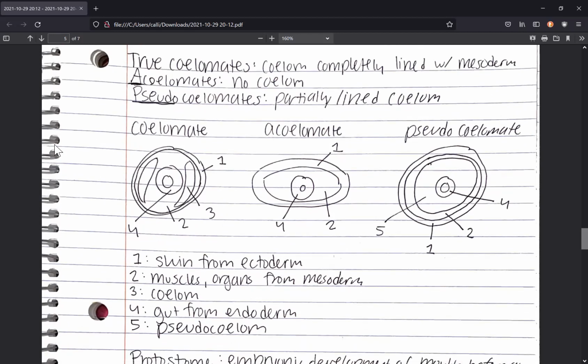And then we get to some simpler, but also still confusing pictures. So there are 3 kinds of scenarios we talk about when we are considering if an animal has a coelom or not. True coelomates on the left have a coelom completely lined with mesoderm.